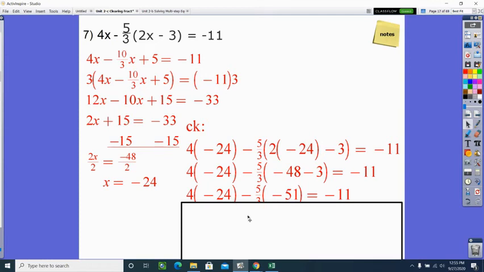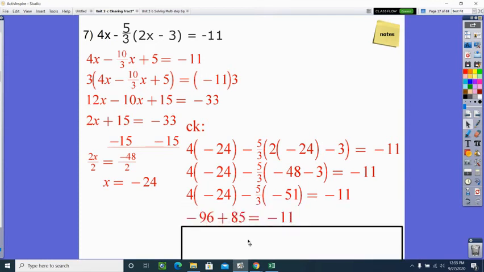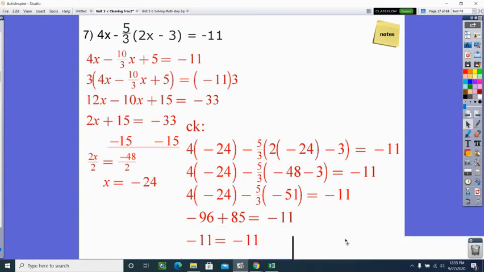Now I'm doing the multiplying. And this would give me a negative 96. And if I multiply a negative times a negative, it's a positive. And 5 times 51 divided by 3 is 85. Add these two together. And sure enough, I get negative 11. Holy cow, right? But that's how we work with multi-step equations that have fractions. Do the distributive property first and then clear the fractions.